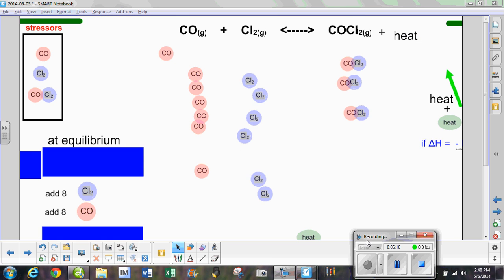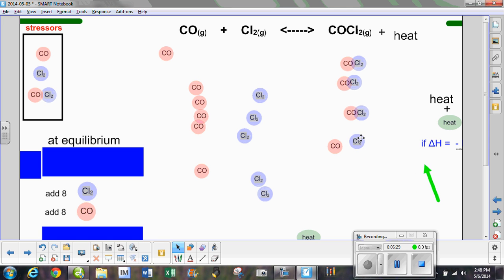Now, on this side of the equation, this is a whole different equation, but I want to talk about breaking and making bonds. Because when we do this, and this, and we make a chemical bond, we store energy.